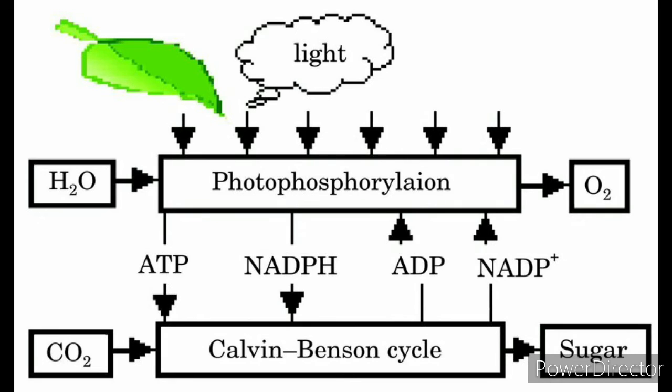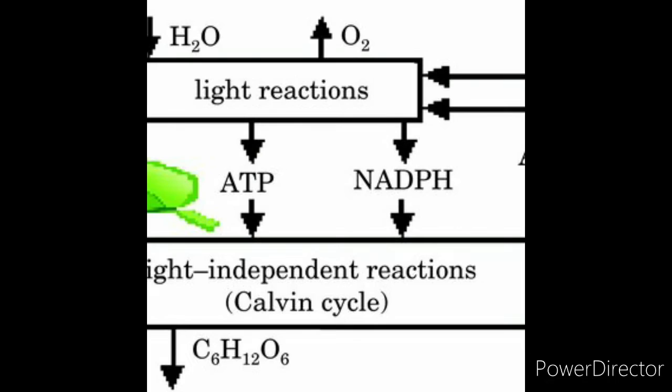You can see in the diagram that CO2 is combined with NADPH in the presence of ATP and forms sugar. Here, CO2 is reduced. Whenever the CO2 combines with the NADPH, it forms a light independent reaction in the Calvin cycle. Here the glucose is formed.